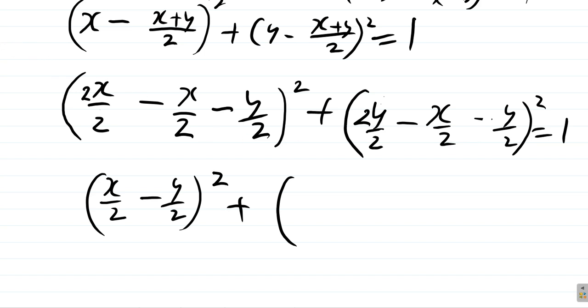It's going to be a minus. Right, you have to be careful. The minus will change the sign of each item in the bracket, because the bracket is multiplied by minus 1. So you have 2y over 2 minus 1y over 2, which will leave you with 1y over 2. And then minus x over 2, squared, equals 1. Alright? So you see that?